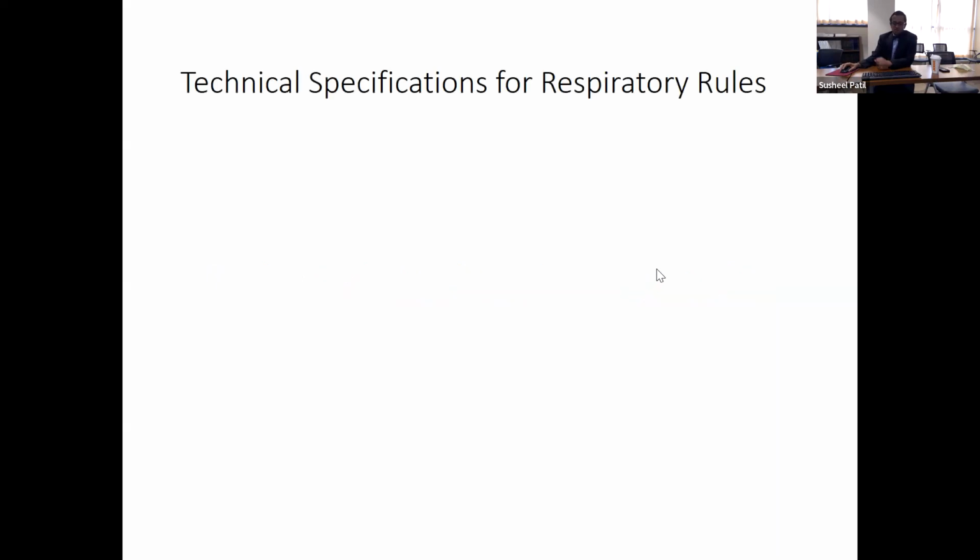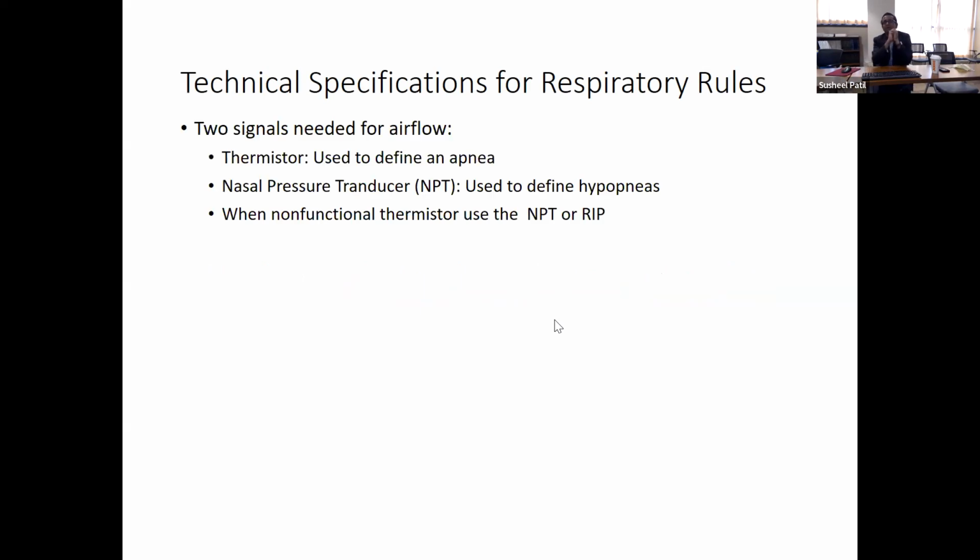All right, so adult respiratory scoring. These are the technical specifications here. In order to score respiratory events, you need two signals under the AASM rules. You need a thermistor, and the thermistor signal is what you use to define whether an apnea is present or not.